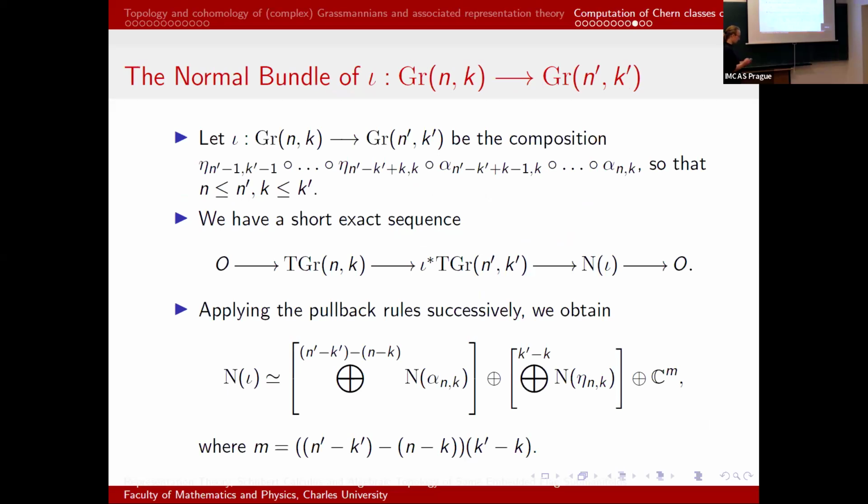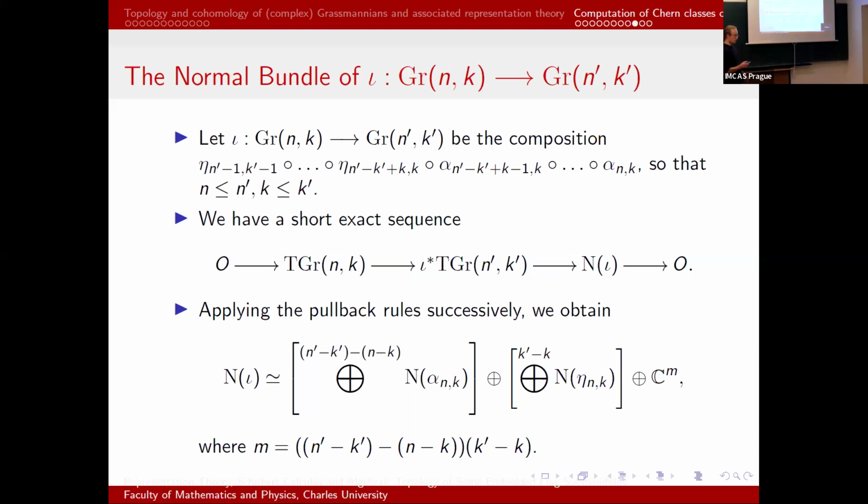So basically, in the cohomology lattice of Grassmannians, we now know the Chern classes of the normal bundle only when we go just one step in the cohomology lattice, one step down or one step to the right. So we can also consider a more general embedding of Grassmannians, which is just the composition of the maps alpha n k and eta n k.